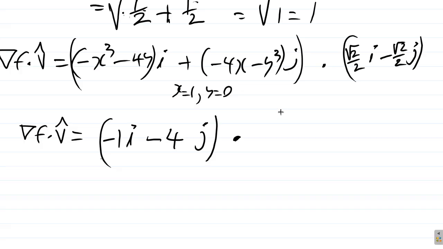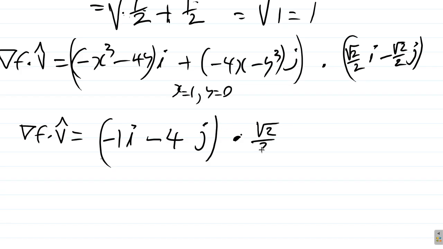This is going to be square root of 2 over 2 i minus square root of 2 over 2 j. What we could do is just factor out the square root of 2 over 2, but let's do that later on.